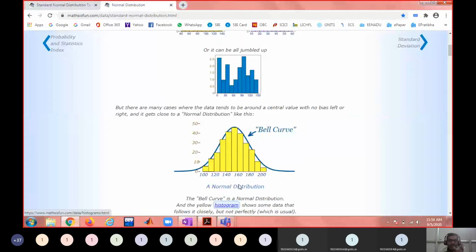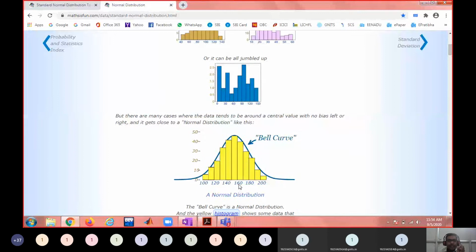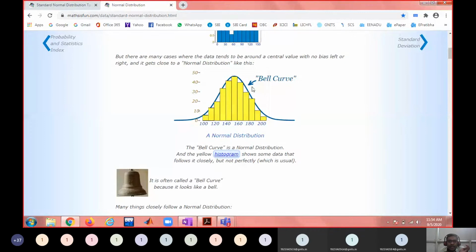Though the normal distribution is a continuous probability density function, discrete probability distributions are also approximated with it. So don't be surprised when a frequency distribution or discrete probability distribution is given in the problems.